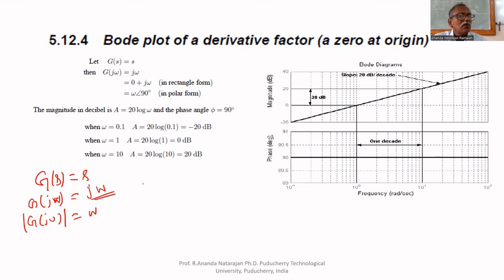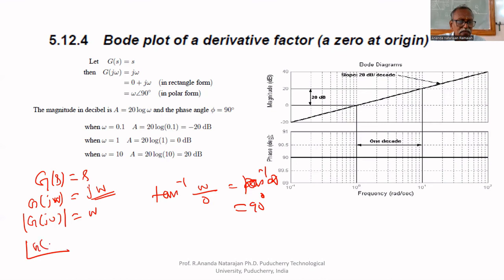Imaginary part is omega, real part is 0, so angle equal to tan inverse of omega by 0, tan inverse of infinity, equal to 90 degrees. So the angle of G of j omega is always 90 degrees.